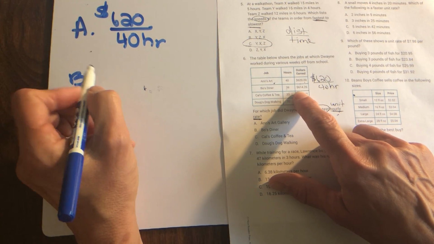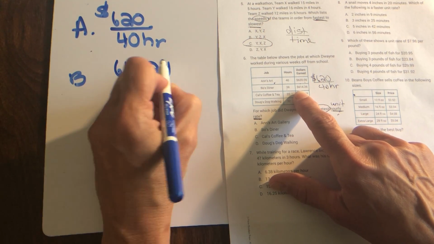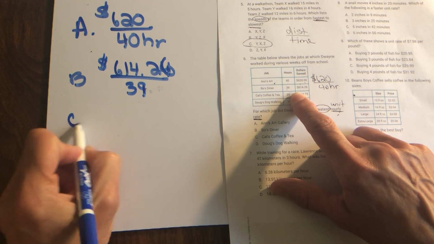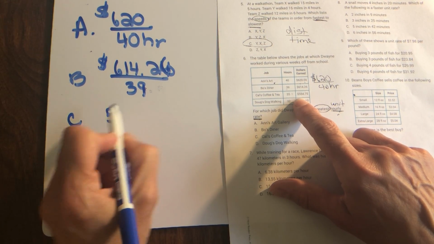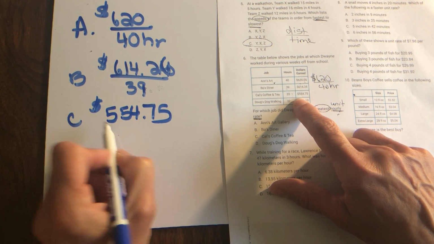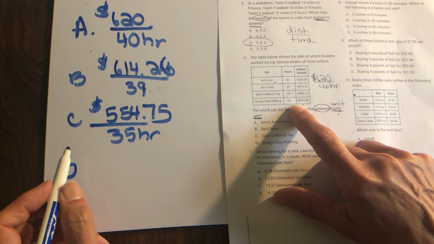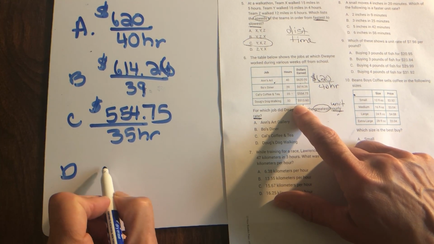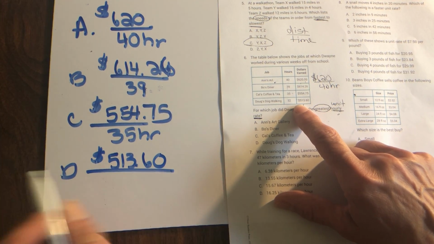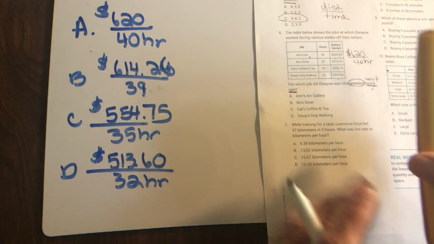The next one is Bo's Diner, 614 and 26 cents over 39 hours. Cal's Coffee was $554 over 35 hours. And then Doug's Dog Walking, man, that's a mouthful, is $513.60 over 32 hours.